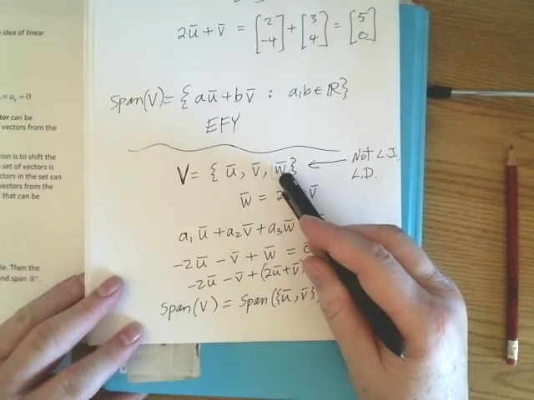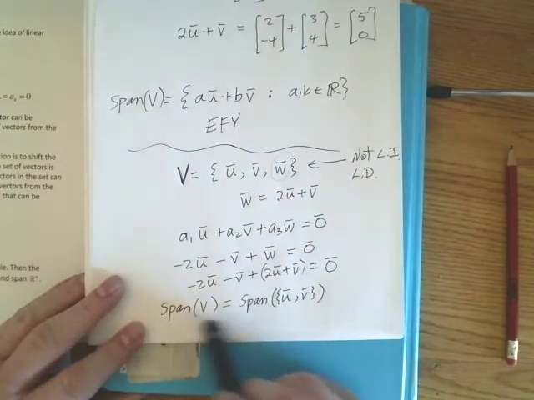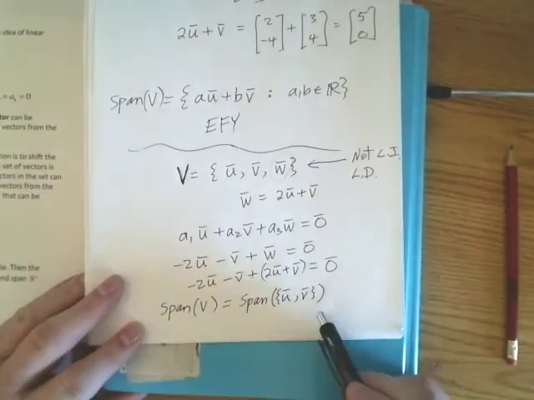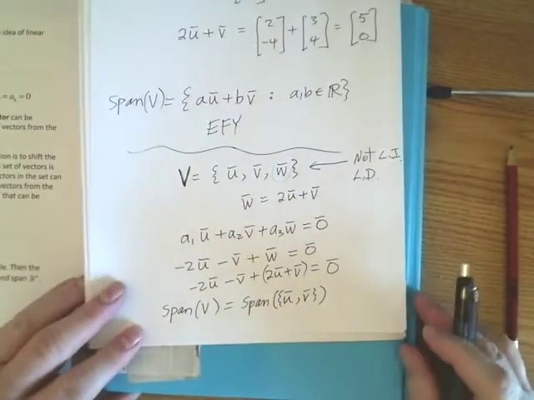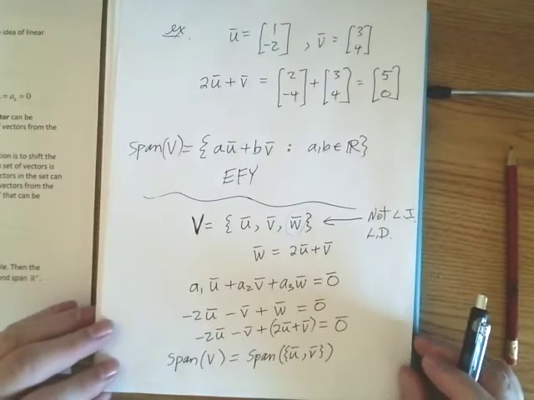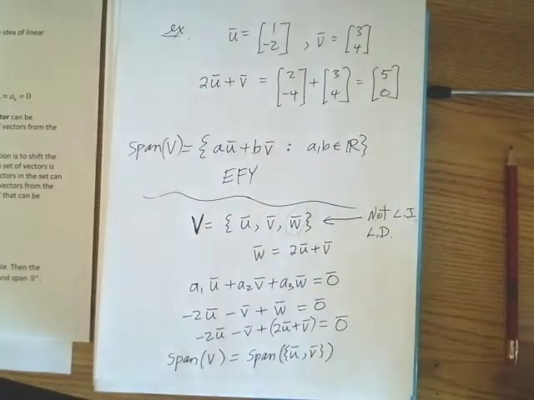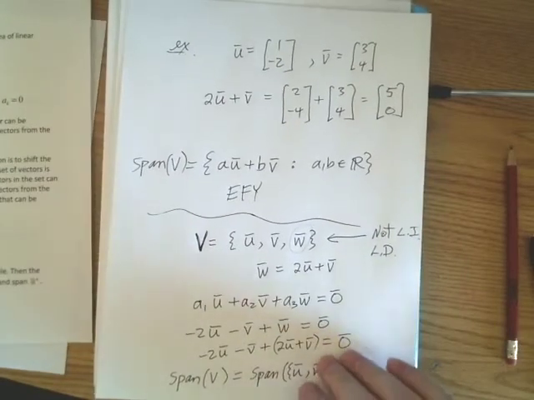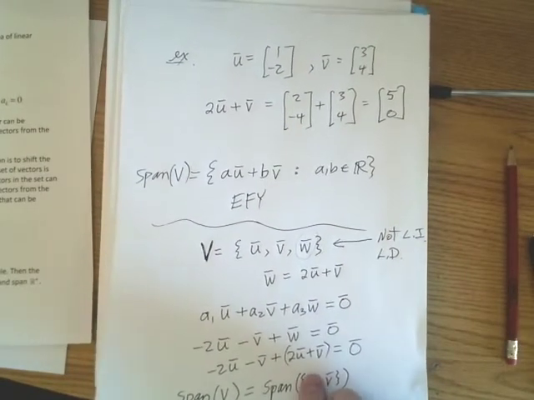Nothing. It's not doing me any good, at least with regard to the span. So this is a redundant vector. That's what we mean. So that's linear dependence. With your readings in the book and this video, hopefully you'll get the idea pretty quickly. It's not real difficult. It's just a matter of getting used to the idea.